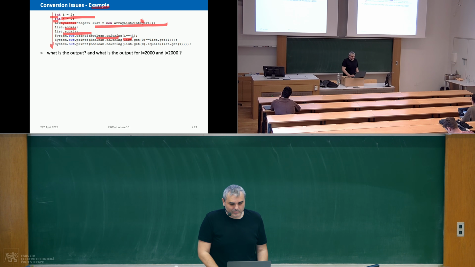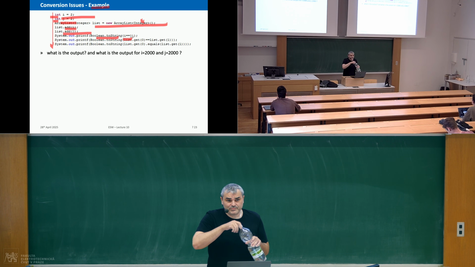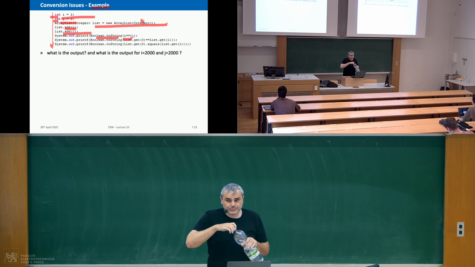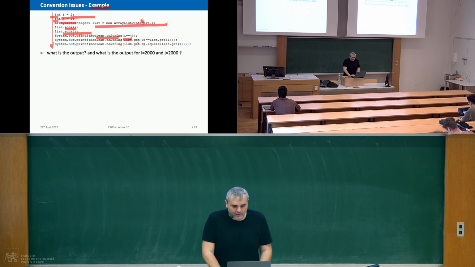So i equals j. What will be output here? Both have value 2. What do you expect? True, false? True, yeah, that's correct. What about the second case?